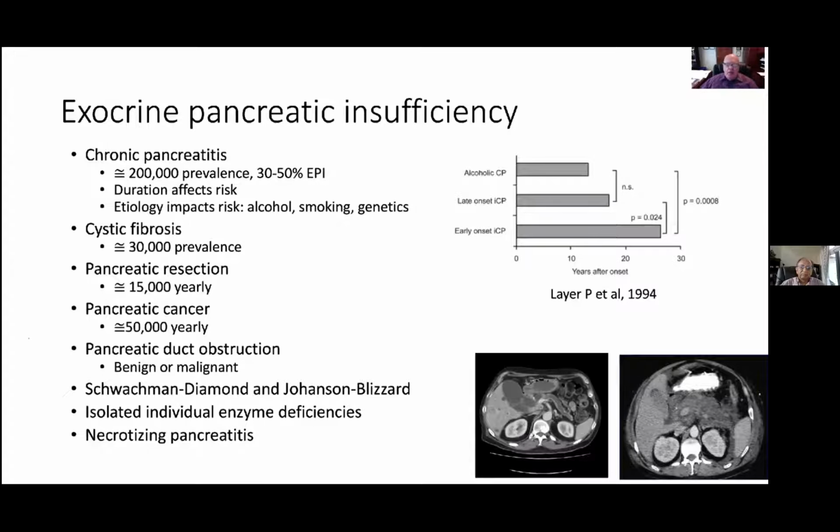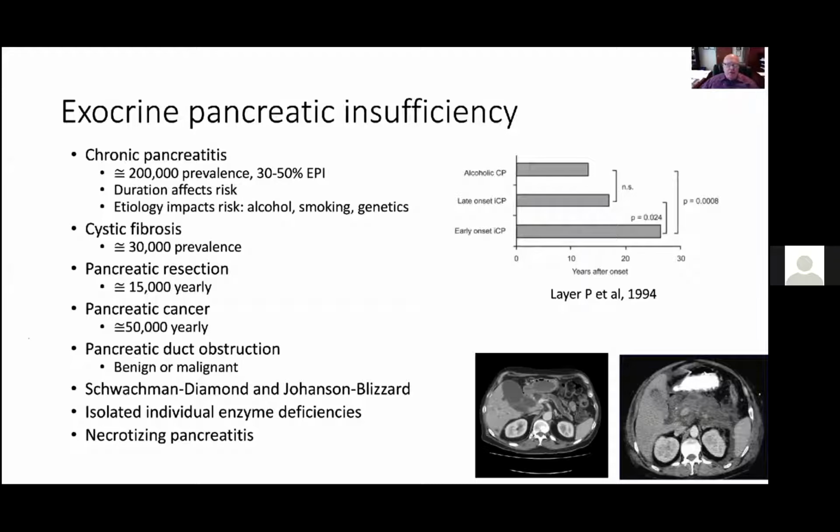And there are risk factors for the development of exocrine insufficiency. Certainly duration is one, but also etiology. On the upper right is a little chart demonstrating the median time to development of exocrine insufficiency in alcoholic versus idiopathic chronic pancreatitis. And you can see that alcohol-induced disease develops exocrine insufficiency sooner.